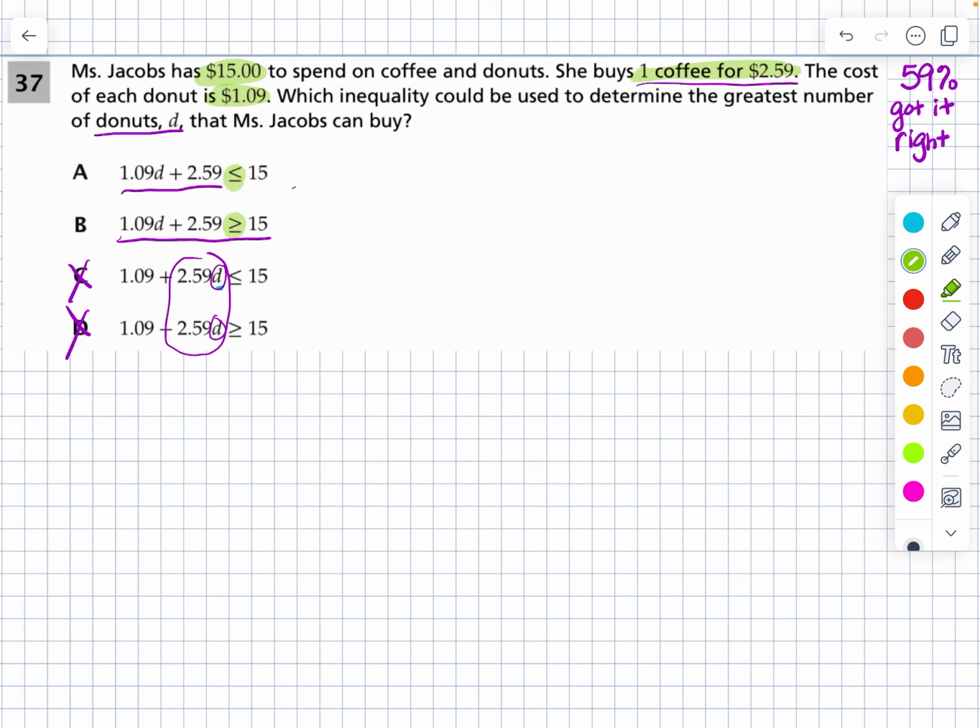So the question is, do you want this inequality sign to be donuts plus coffee is less than $15 or donuts plus coffee is more than $15? Well, we don't want more than because she's only got $15, so it can't be this one. It has to be this one.